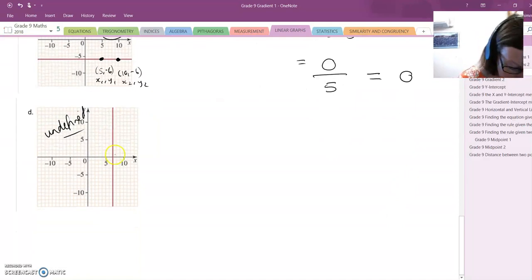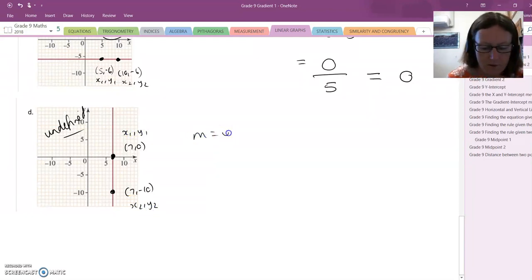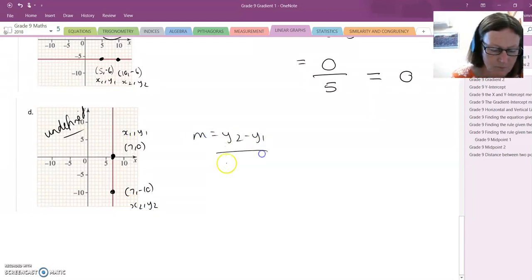Let's pick 2 points here. I'll choose this point here, which is the point 7, 0, and I'll choose the point here, which is 7, negative 10. x1, y1, x2, y2. Write down my formula. Substitute in.